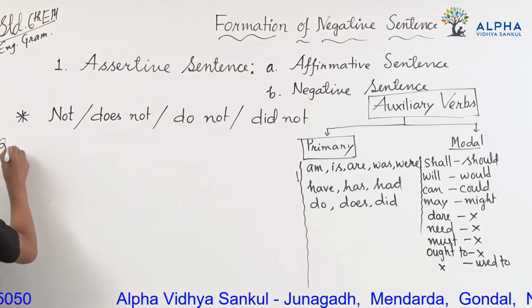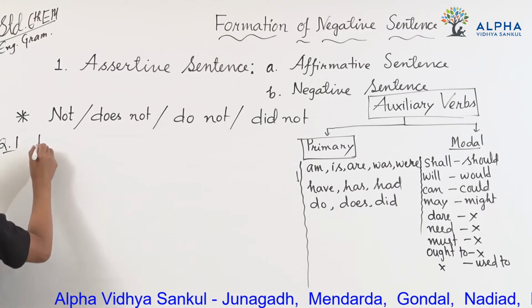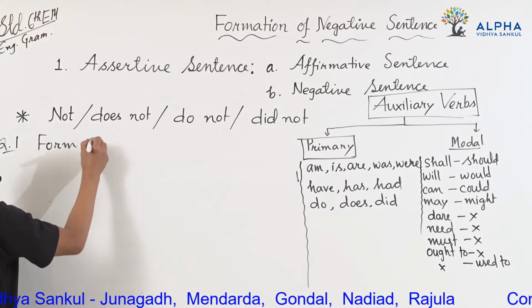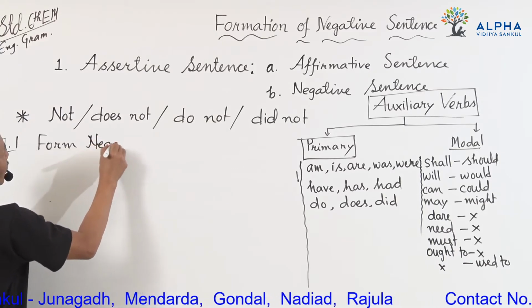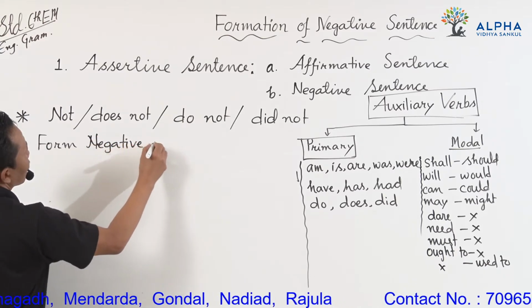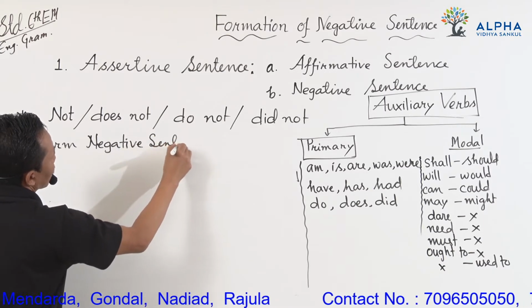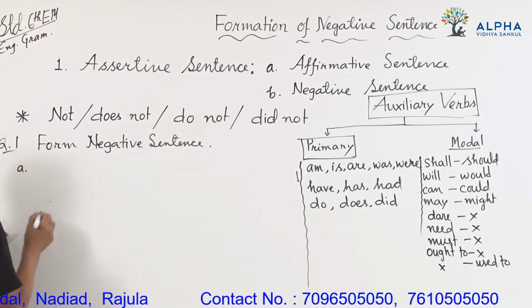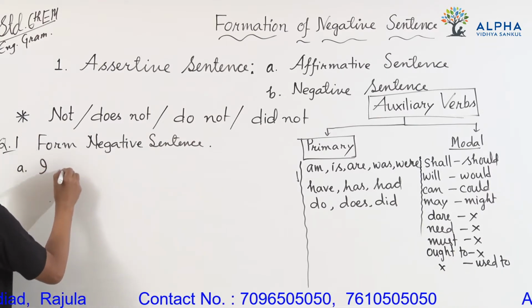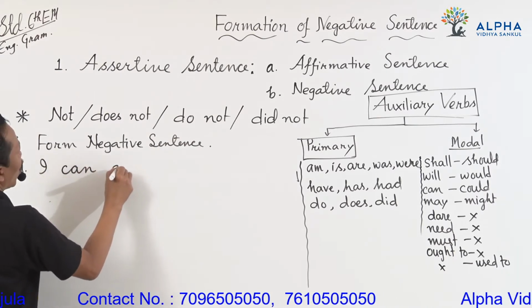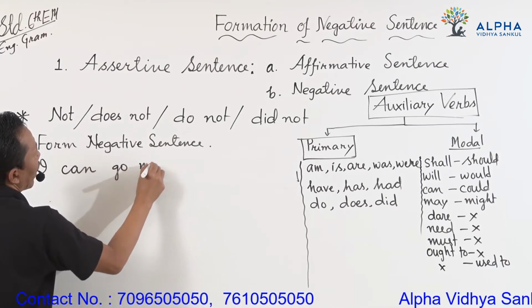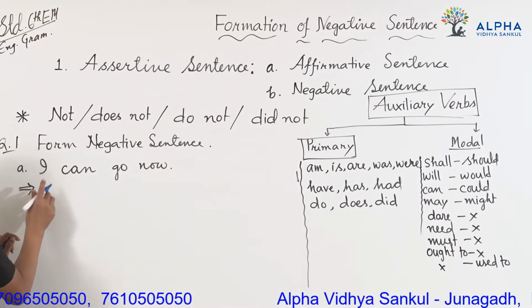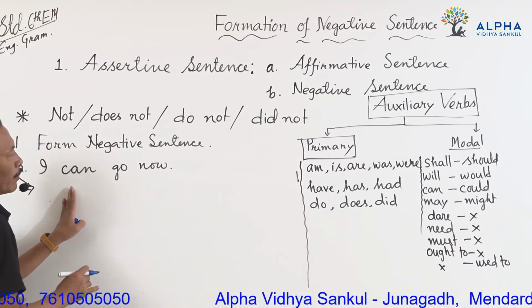Question number 1. Form negative sentence. A. I can go now. Suppose you want to change this sentence into negative.